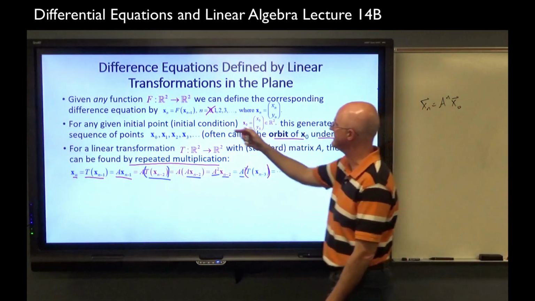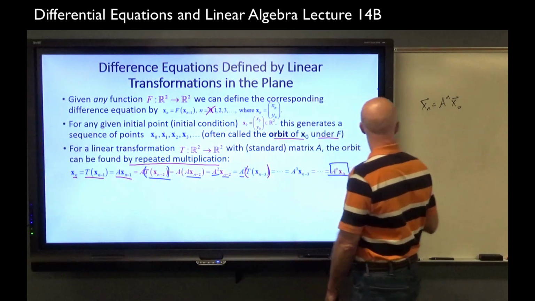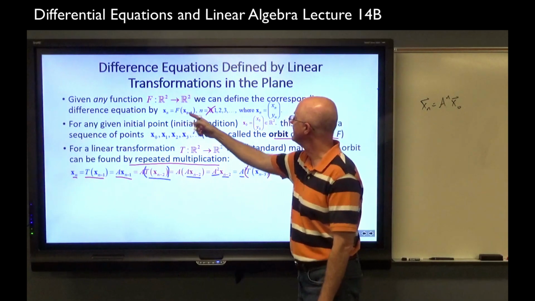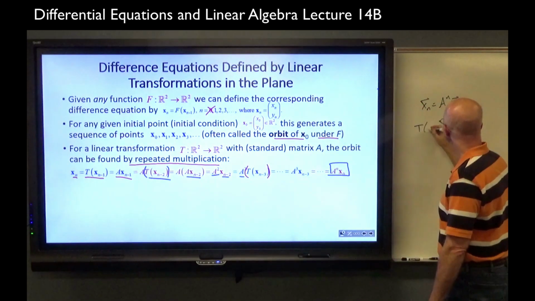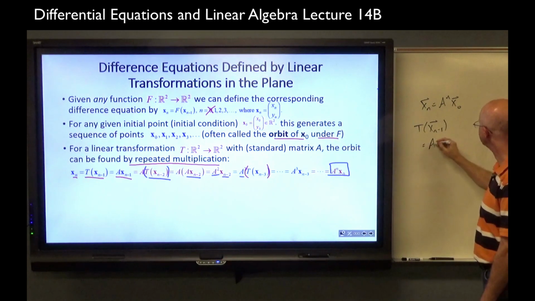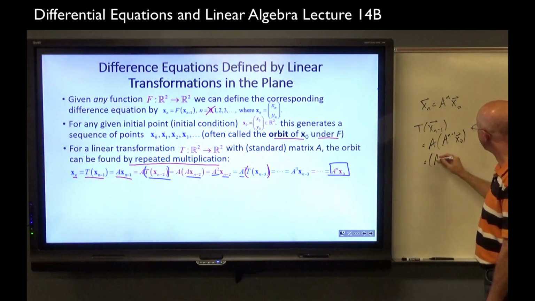Left-hand side equals right-hand side for the difference equation, this thing with a T instead of an f. Because the left-hand side is just x_n. The right-hand side is T of x_{n-1}. That's A times A to the n minus 1 times x_0, which is A to the n times x_0.